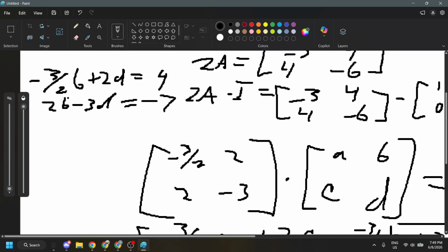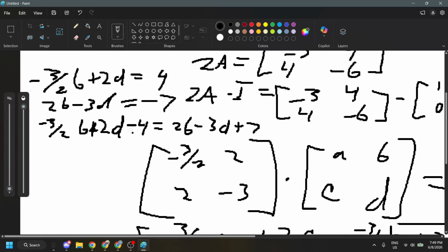I'm just gonna set these equal to each other, so negative 3 over 2b plus 2d minus 4 is equal to 2b minus 3d plus 7.